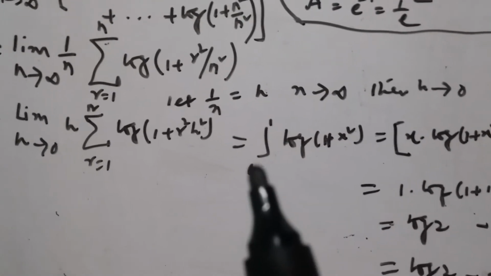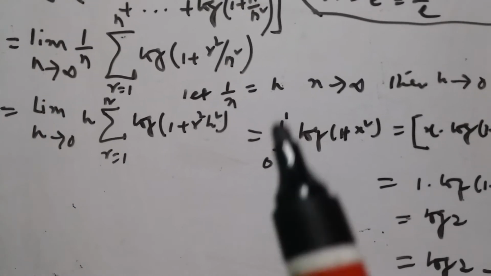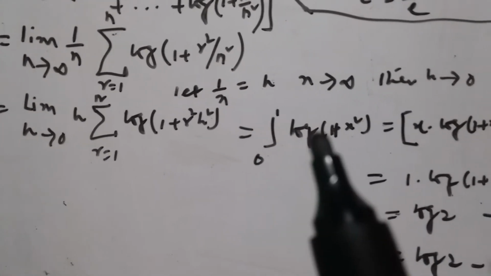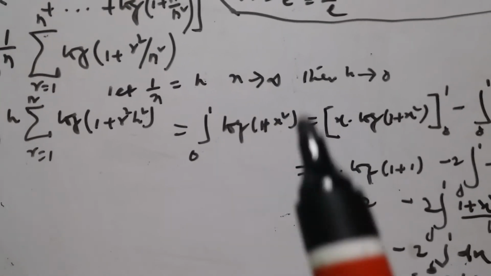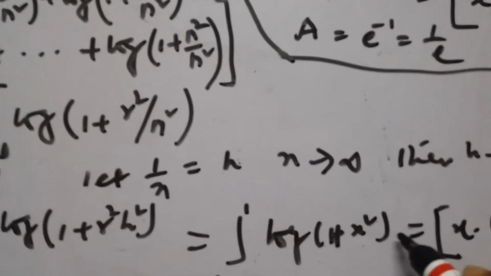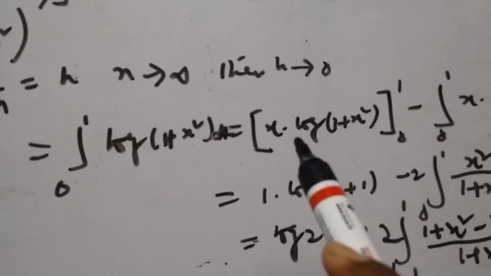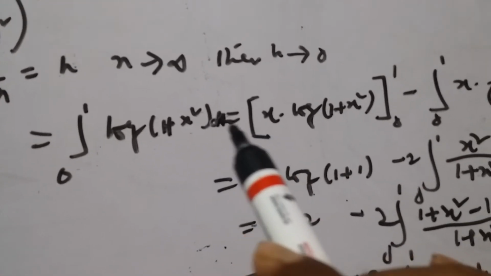So this is equal to, this is the formula. You can write the integral from 0 to 1 as nh equal to 1. So the integral from 0 to 1 of log(1 + x^2) dx, and this is by integration by parts. So log(1 + x^2) equal to u and 1 equal to v.